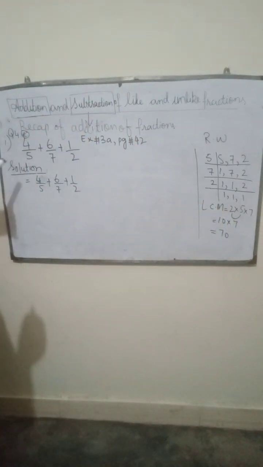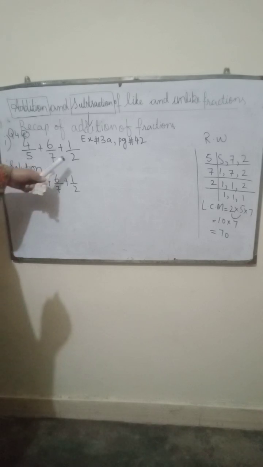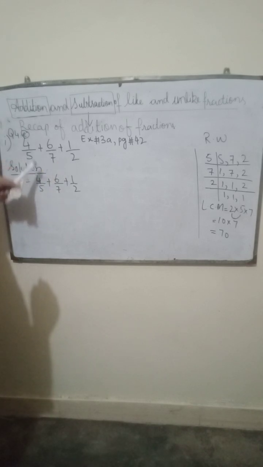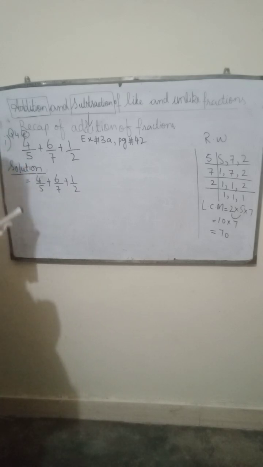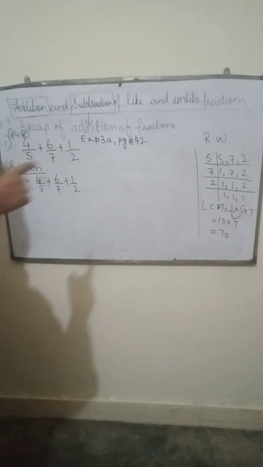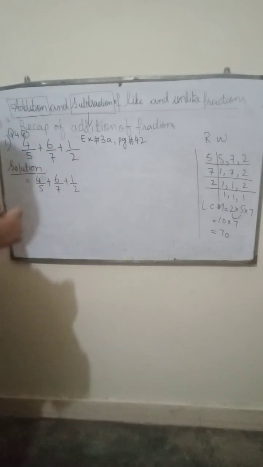So students, whenever you look at the fractions given, for 3, 4, 5 fractions, you have to make the denominators the same first, and for making the denominators the same you have to take the LCM, okay, for more than 2 fractions. So we have found the LCM, 70.